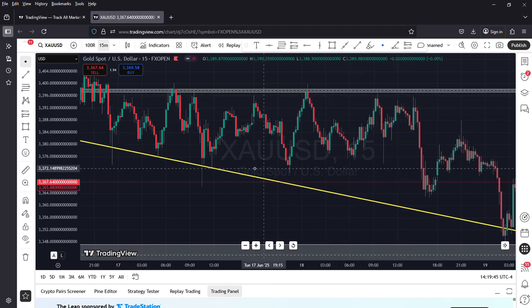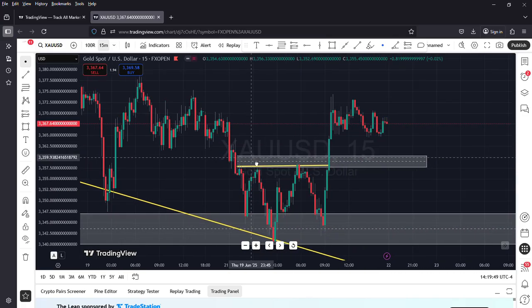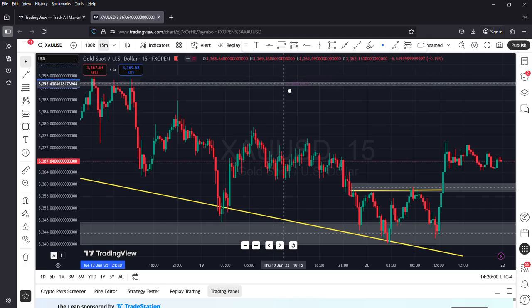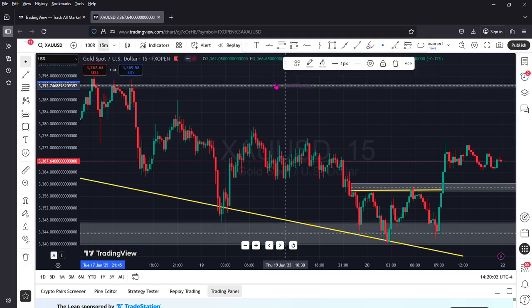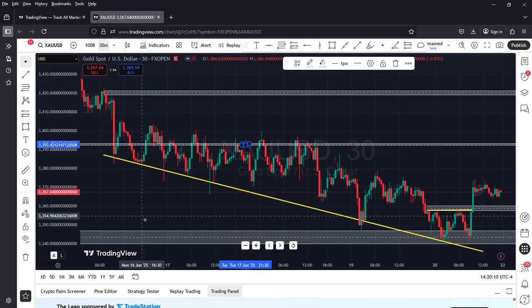So if the market opens and starts going up, we will be looking for a sell in this area. Let us see if the sell will go well.